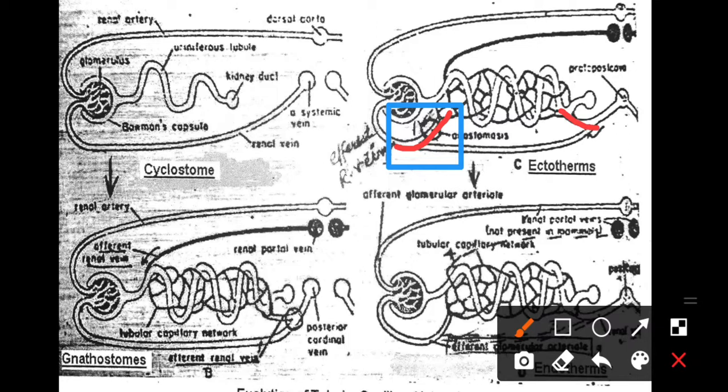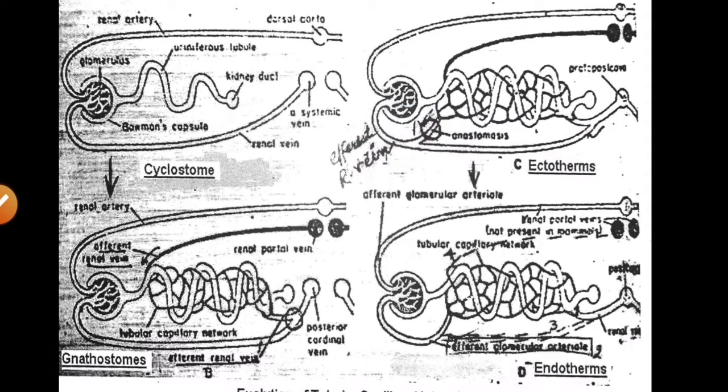So, in the cold-blooded animals, there is the presence of the anastomosis over here, and this section is still present in these animals. That was another evolutionary trend seen in the formation of the tubular capillary networks.